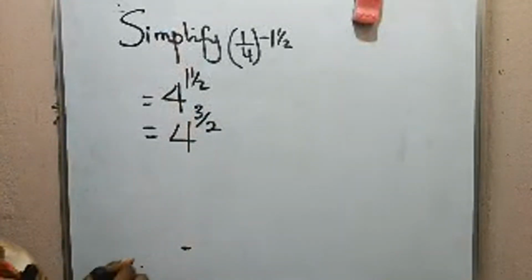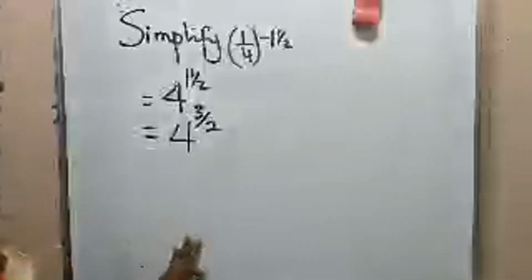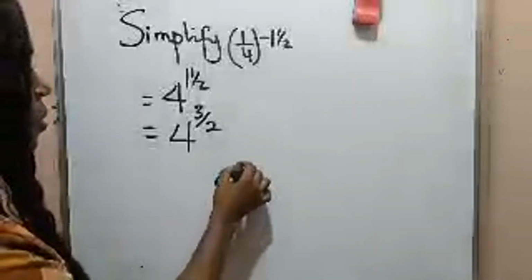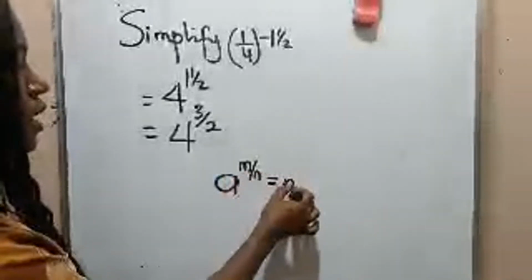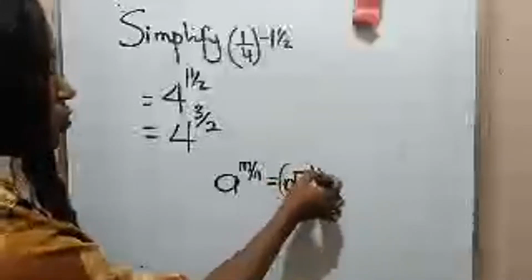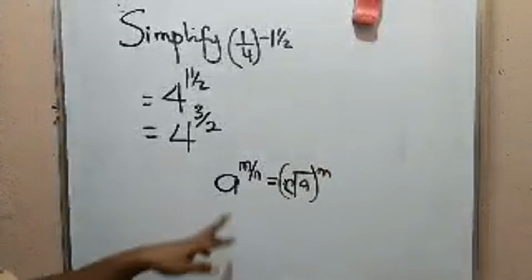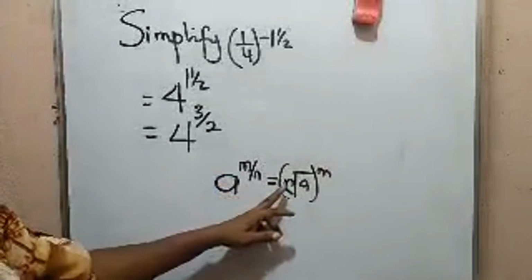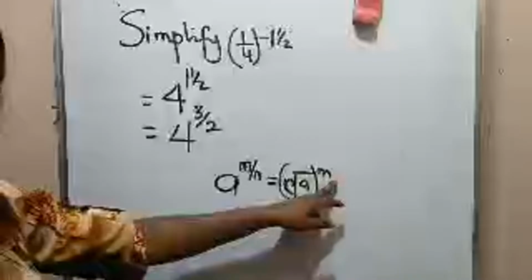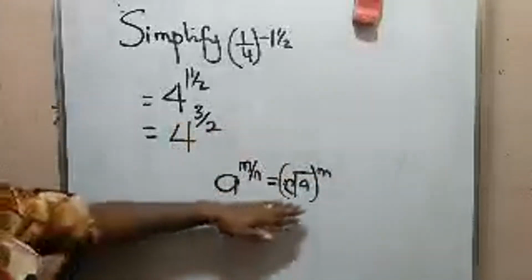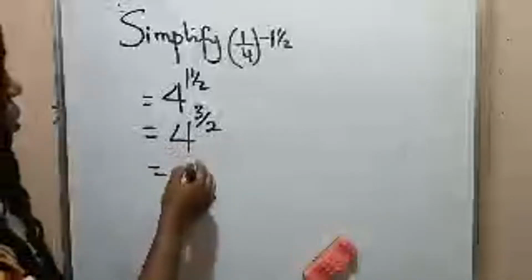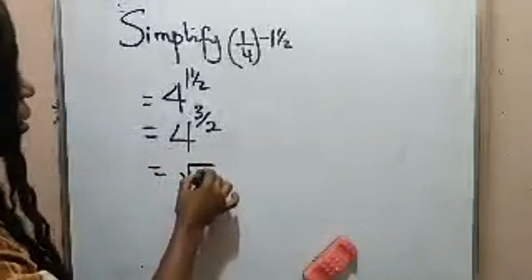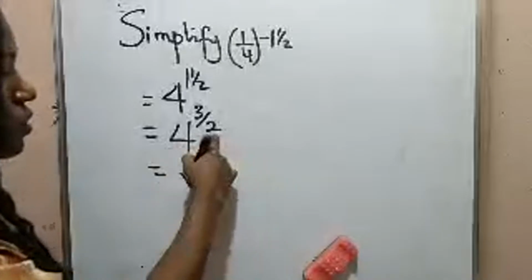Now, remember another law of exponents that states that a to the power of m over n is equal to the nth root of a raised to the power of m. If we apply that to this, what we have is equal to the square root of 4, because whenever you have 2, this is square root.